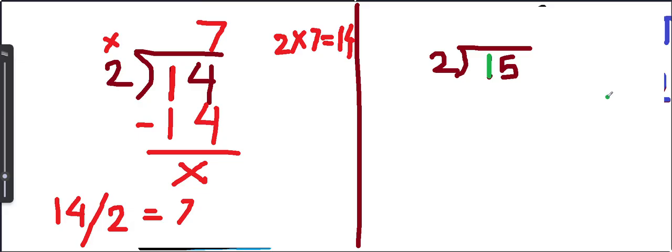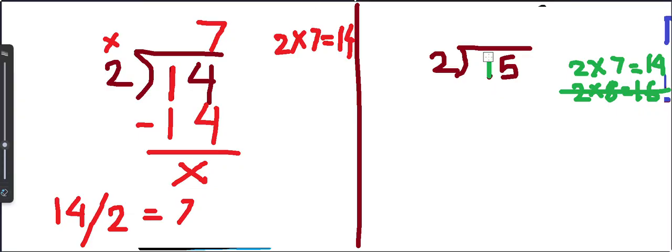We are going to find a number, 2 times a number, which is either equal to 15 or less than 15. So I see that 2 times 8 gives us 16 and 2 times 7 gives us 14. We cannot consider 16 because 16 is greater than 15. We cannot do the subtraction.